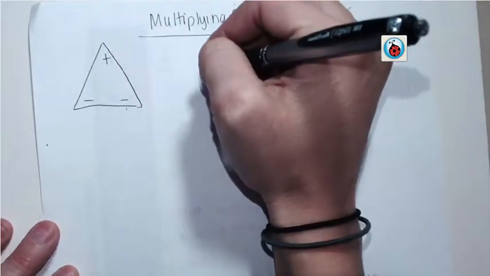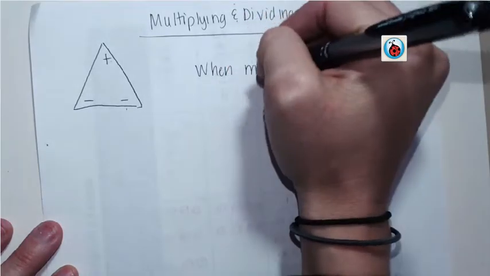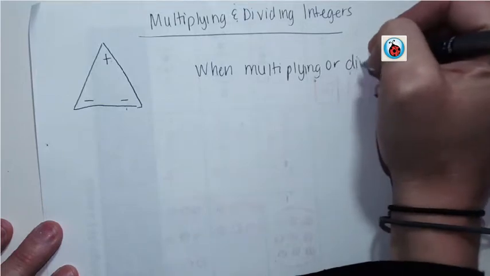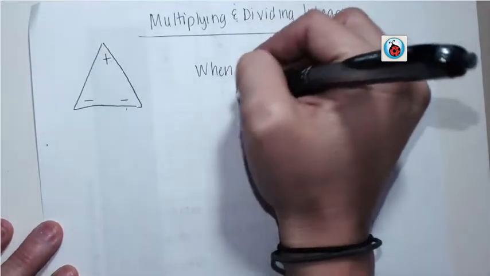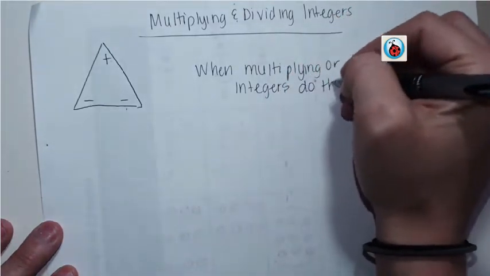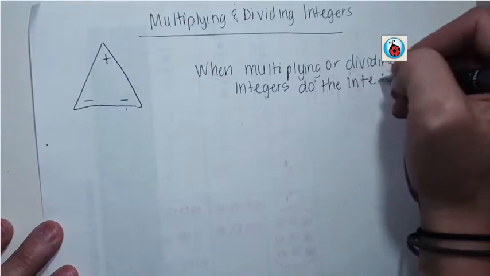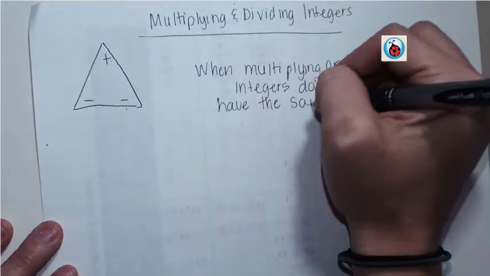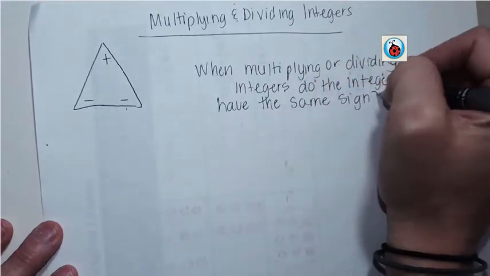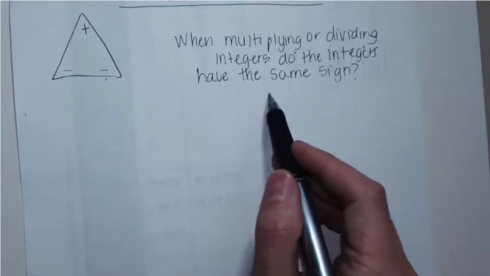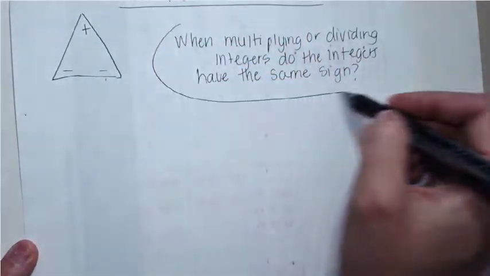So here is your flow chart. When multiplying or dividing integers, do the integers have the same sign? That is literally the only question you have to answer in order to tell me whether it's positive or negative. Here's your question. This is where you start.